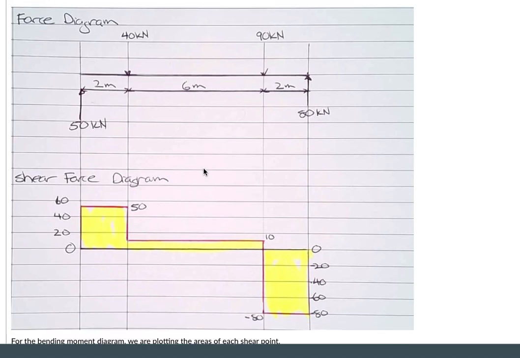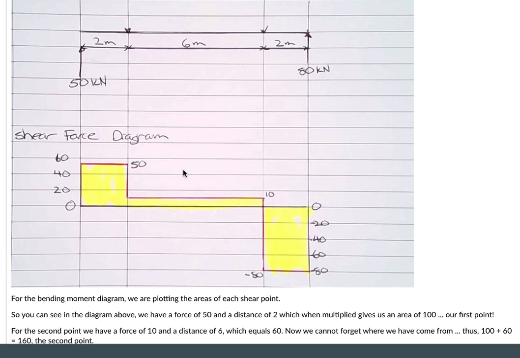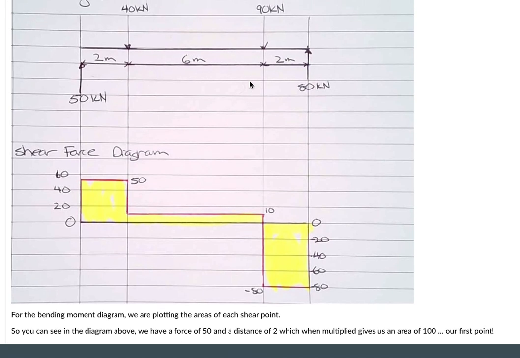Now, the way that this shear force diagram is drawn, we are following the forces that are in this first diagram. I've got to try and stop saying actually so much. But these forces here, we are plotting the points. So for equilibrium, we know that we've got a straight beam, and the beam will be at 0 at both ends to know that it's steady and not falling down.